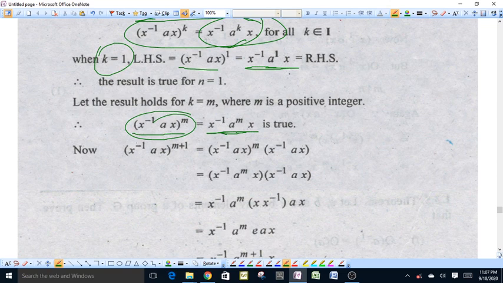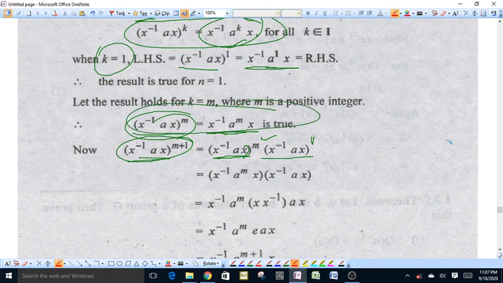Now, x inverse a x raised to power m plus 1 will be equal to x inverse a x whole raised to power m into x inverse a x raised to power 1. Then by using this result, x inverse a x raised to power m is equal to x inverse a raised to power m x. This will be equal to x inverse a raised to power m x into x inverse a x.